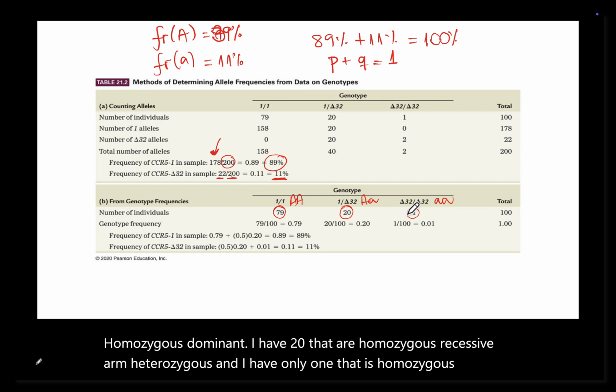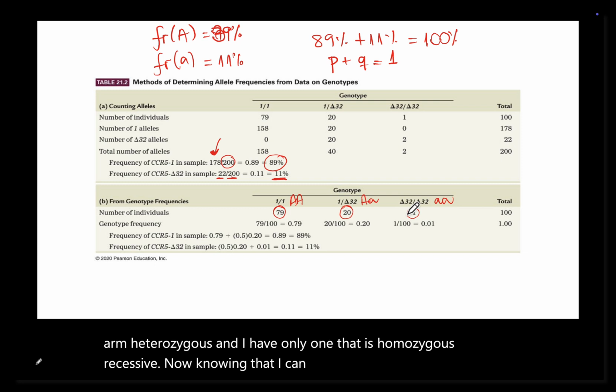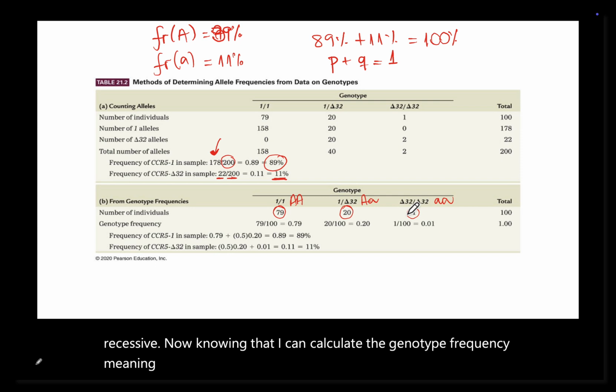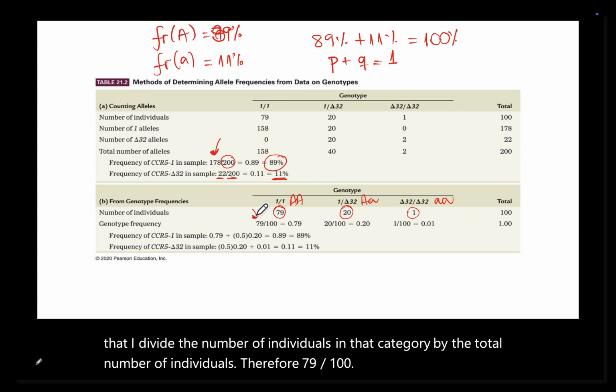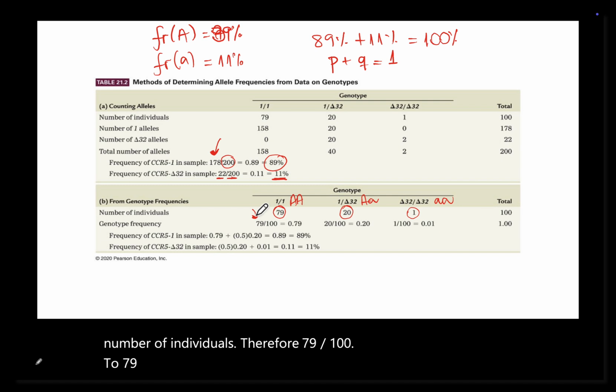Now, knowing that, I can calculate the genotype frequency, meaning that I divide the number of individuals in that category by the total number of individuals. Therefore, 79 divided by 100 equals 0.79, which is also 79%.